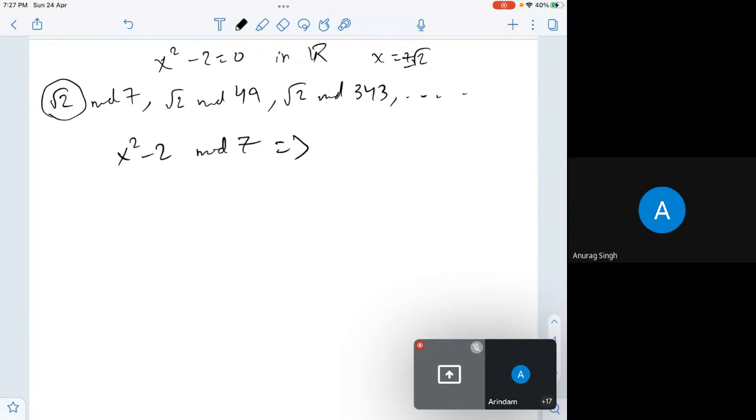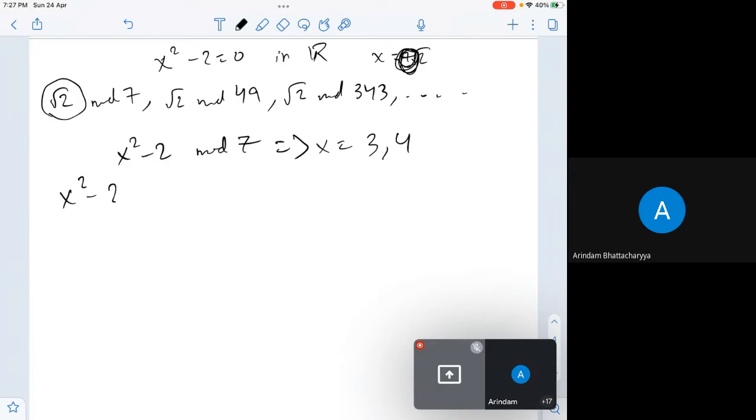It is congruent to x squared minus 2 is 0. Okay, what is the value of x? 3 is such a value. 3 and 4, you get two values, because there's also a plus minus here.